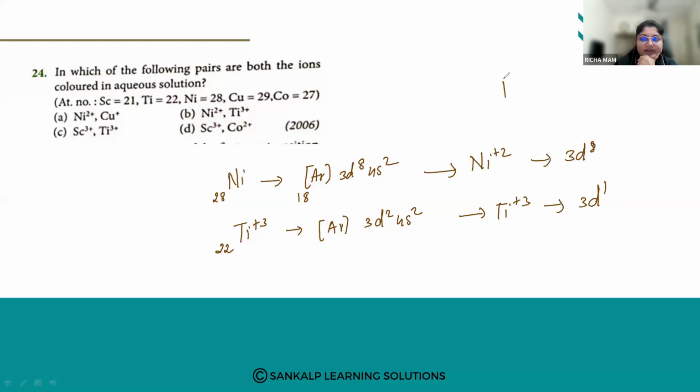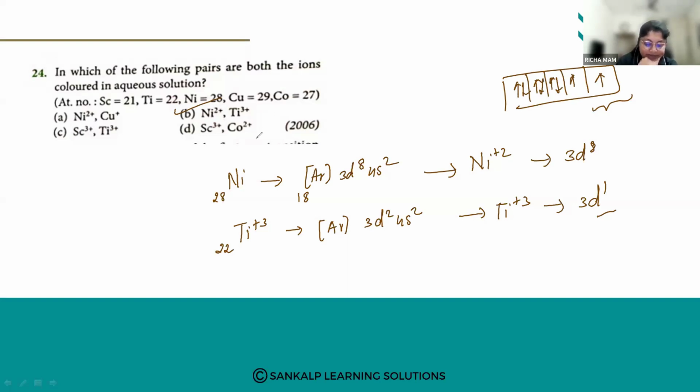If I write the 3d8 electrons, there are 2 unpaired electrons here, and here there is 1 unpaired electron. So option number B is the correct answer.